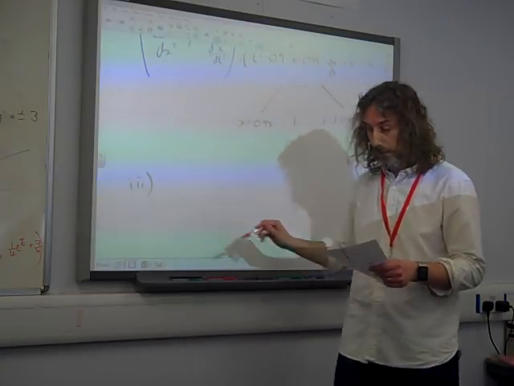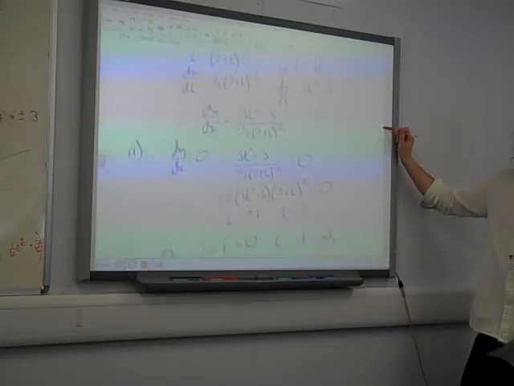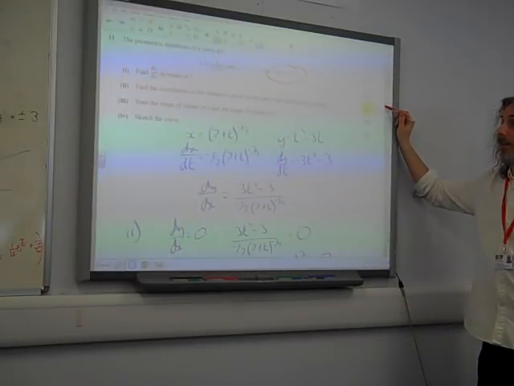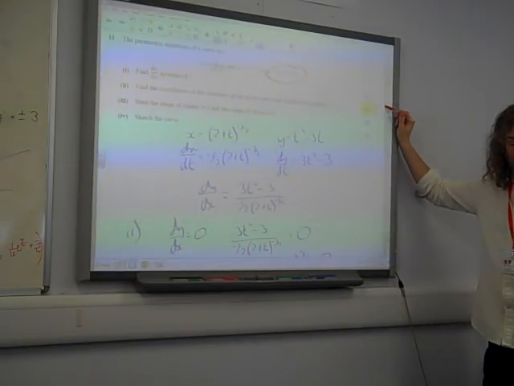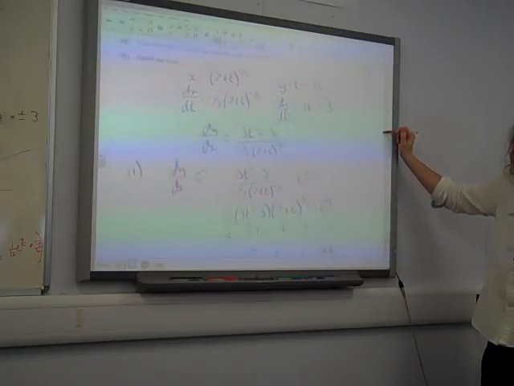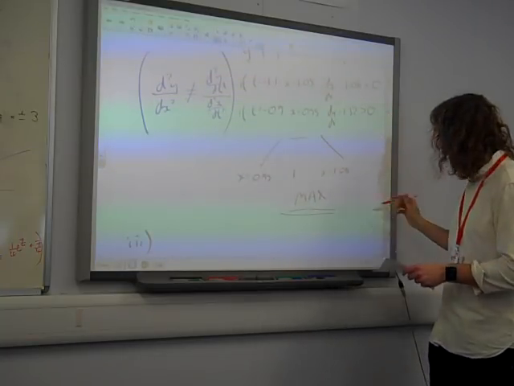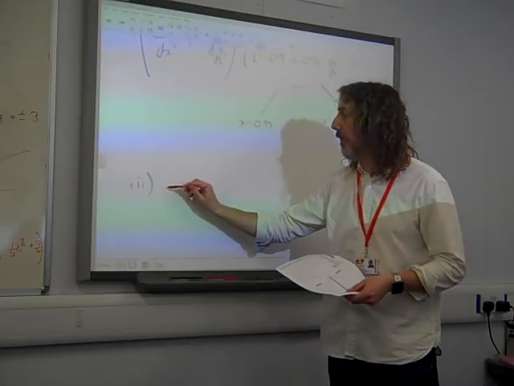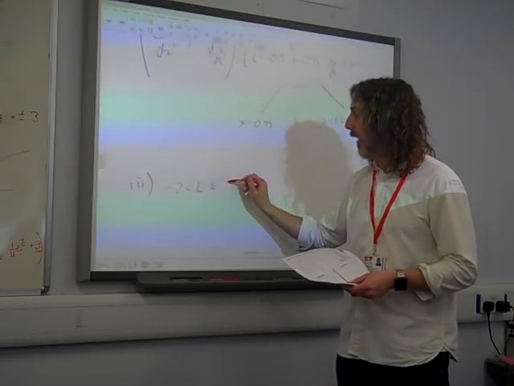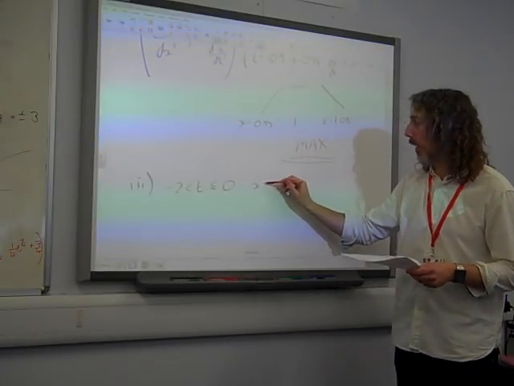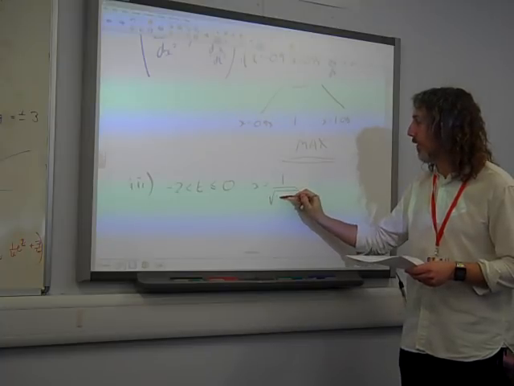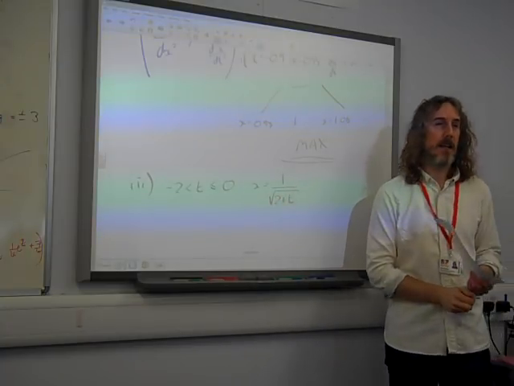Part 3 said, state the range of values of x and the range of values of y. So what's going on with that? T, remember, t is between minus 2 and 0. So think about what happens to 1 over the square root of 2 plus t.